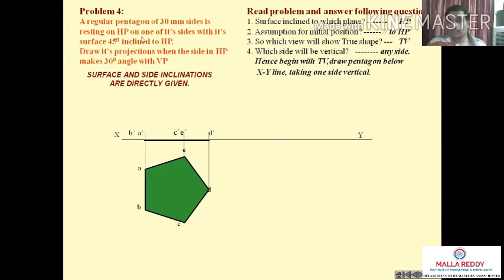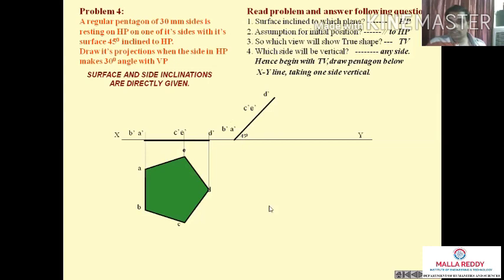And we have to remember that one side is on the horizontal plane. So we are assuming AB is on the horizontal plane. So this point A dash B dash will be projected on the XY line. Then here C dash, E dash, then D dash.